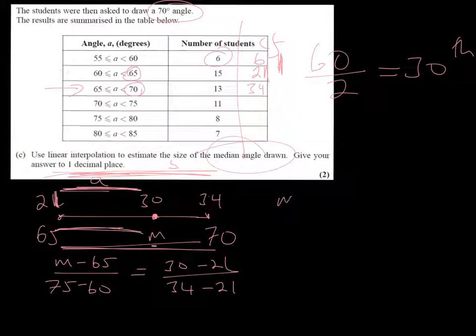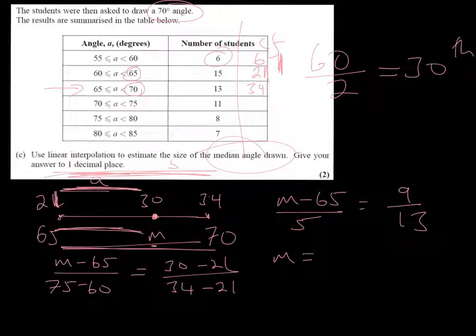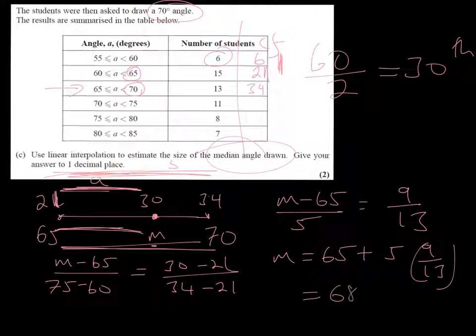So we're going to have M minus 65 over 5 is going to be equal to 9 over 13, so we can rearrange that to get M is 65 plus 5 lots of 9 over 13, which is going to give us 68.5 degrees, correct to 1 decimal place.